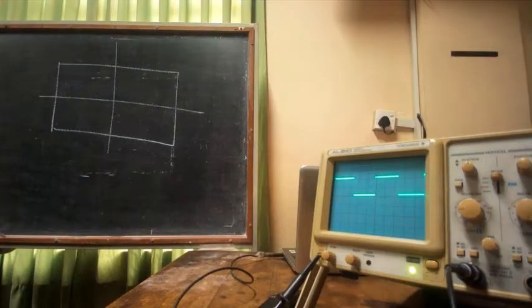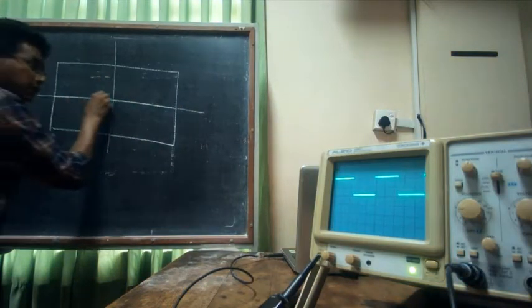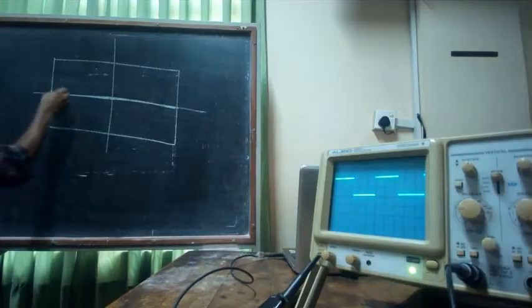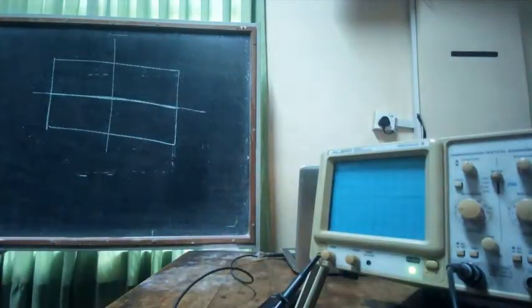When the input is grounded, my y-axis is not in action any longer. It's just 0 volts applied. So it just draws a line along this, comes back, draws a line along this, comes back, draws a line along this. It keeps drawing on the same location. This is basically what we get when there is no signal applied, or ground.